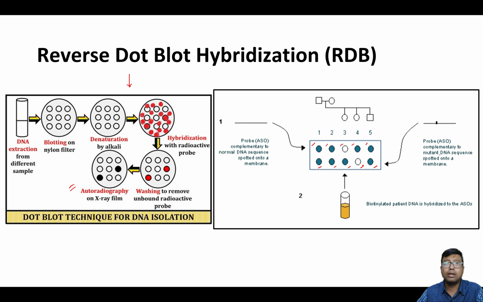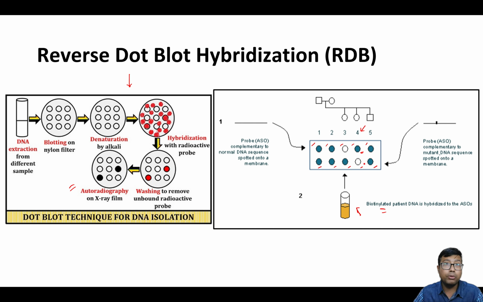So now we are adding the DNA which has been amplified by PCR with labeled primer, biotinylated patient DNA. You can easily understand that in case of number 4, the DNA has bound only to the wild type probe, and not to the mutant probe.